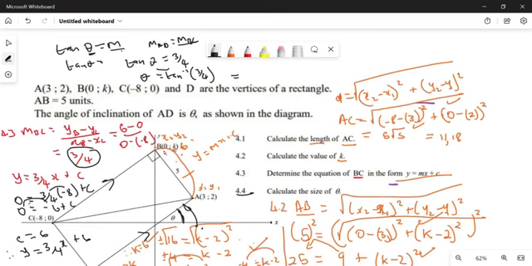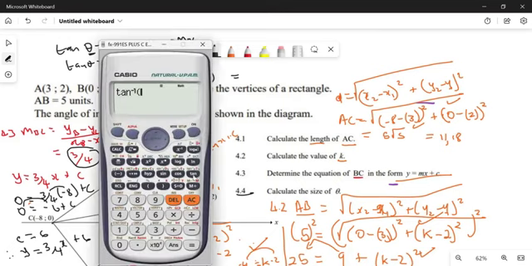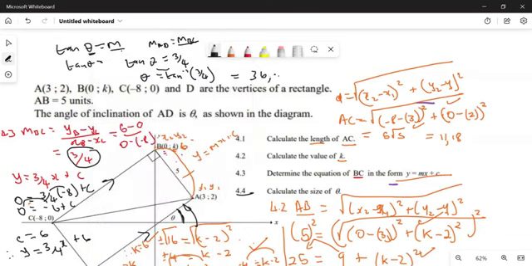When you type this in your calculator, shift tan of 3 over 4, you get 36.87 degrees.